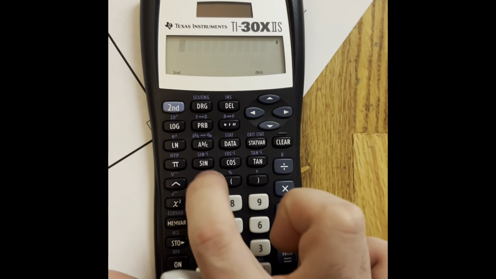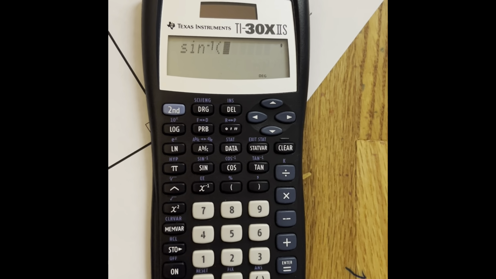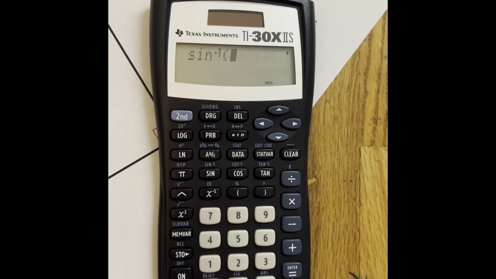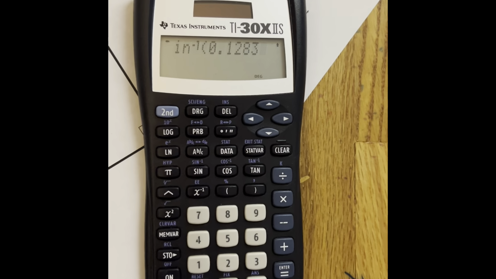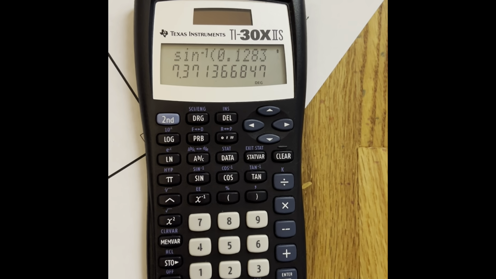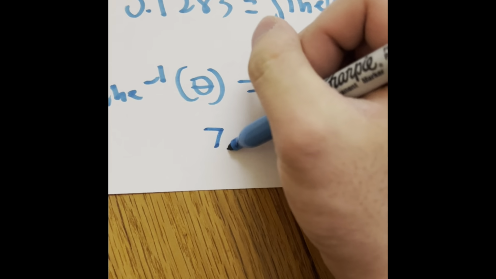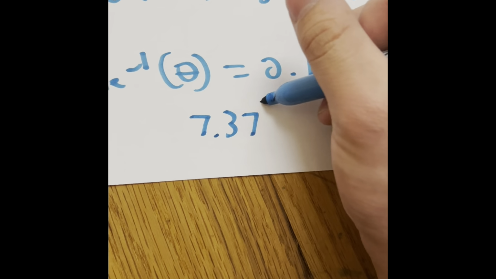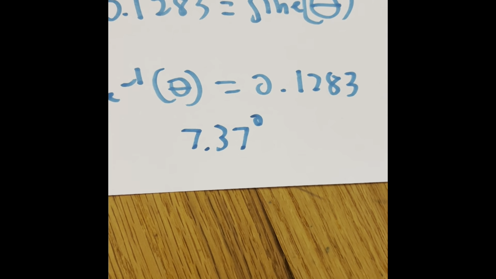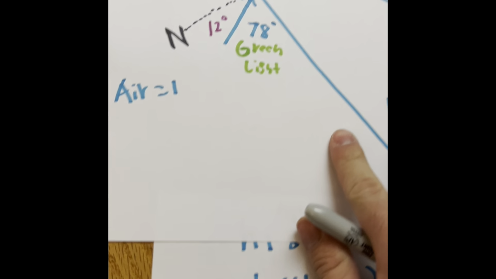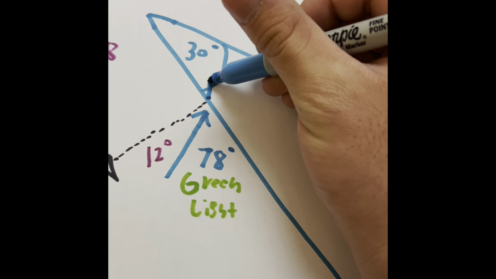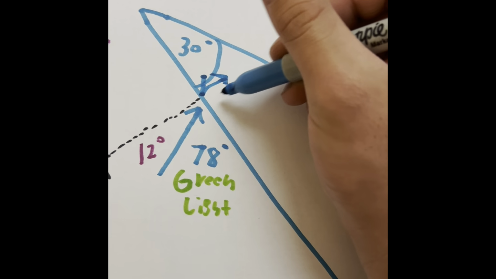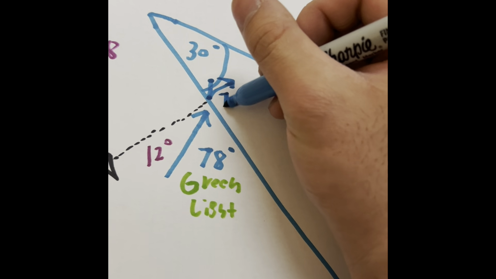The inverse sine of 0.1283, and our final answer for that one is 7.37 degrees. So we are going to put 7.37 degrees. That is the angle that the light is going to point towards the medium inside the prism.